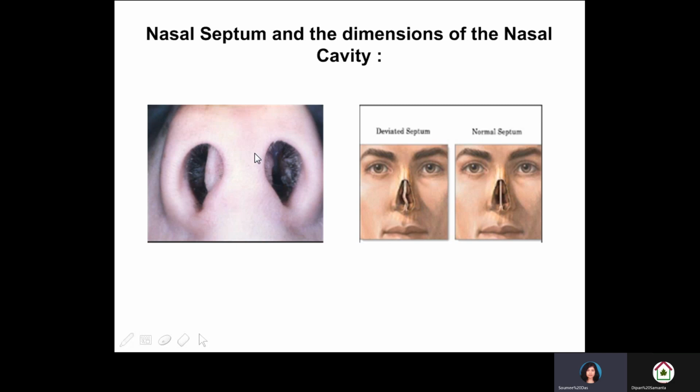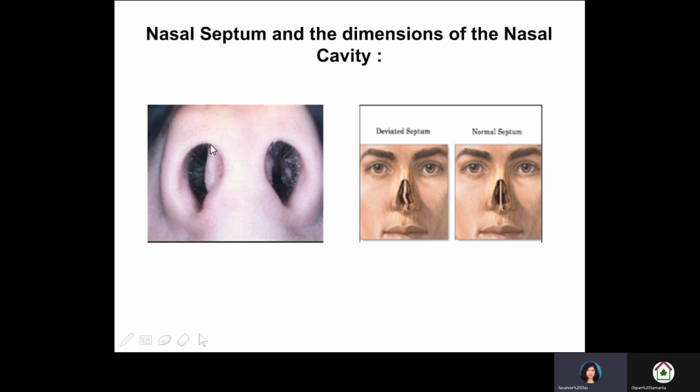Now see, this part of the nasal cavity, that means the left part of the nasal cavity, has a floor. This is the floor, this is the roof, this is the medial wall, this is the lateral wall. And again this right part of the nasal cavity, which is separated by this nasal septum, has those parts again.